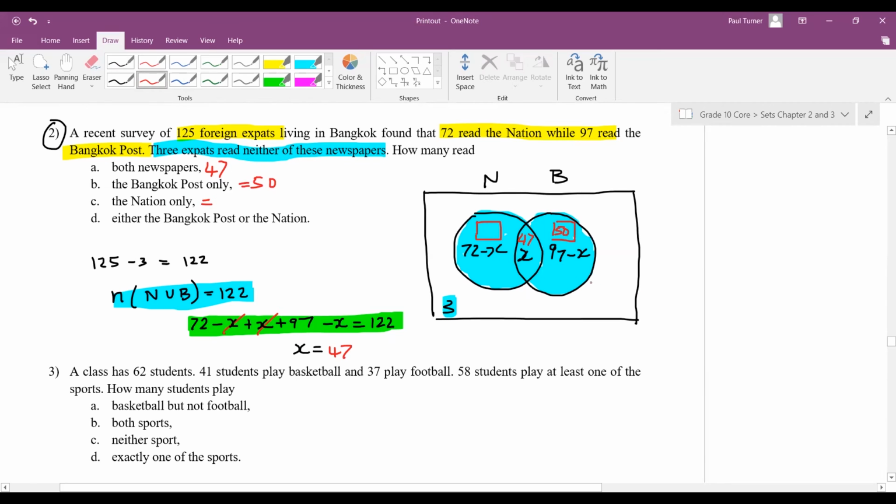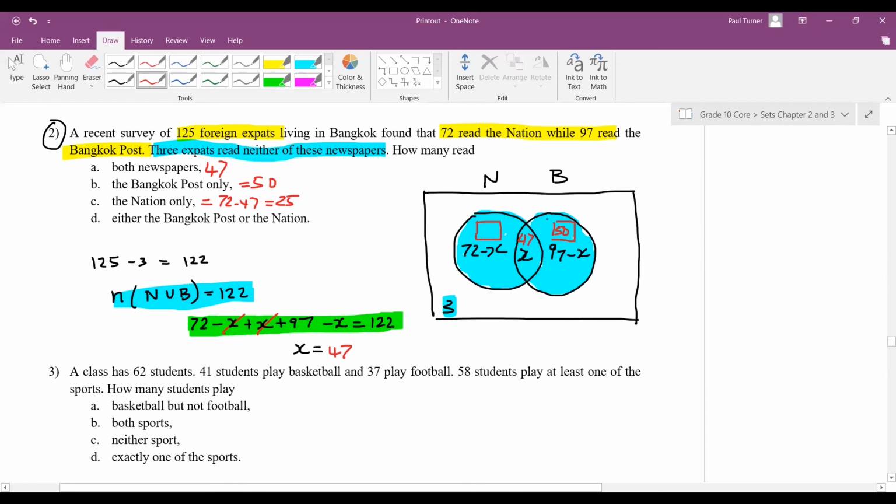How about 72 minus 47? That's here. 25, is it? Right, so you should get 25 here. And this one says either Bangkok Post or the Nation.